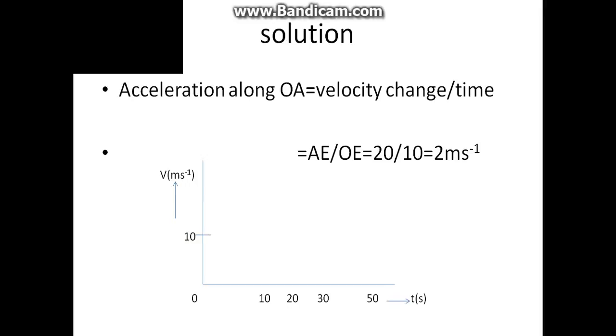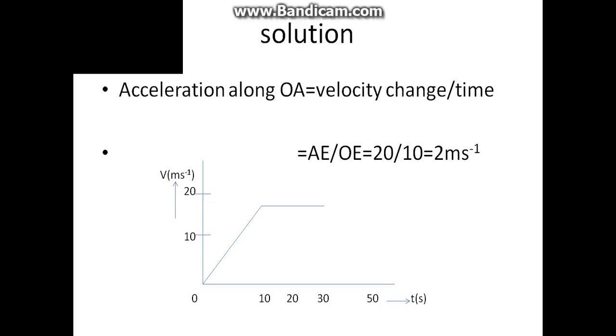Plotting the velocity-time graph using 10, 20 as an interval at the vertical axis along the velocity axis, against time at an interval of 10, 20, 30, 40.